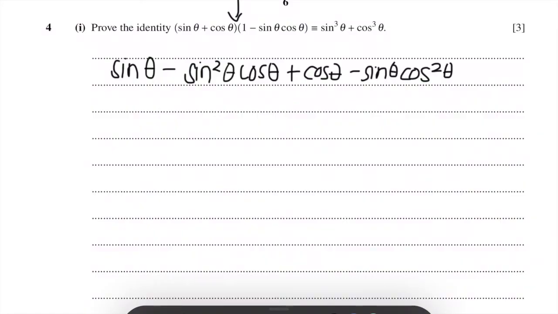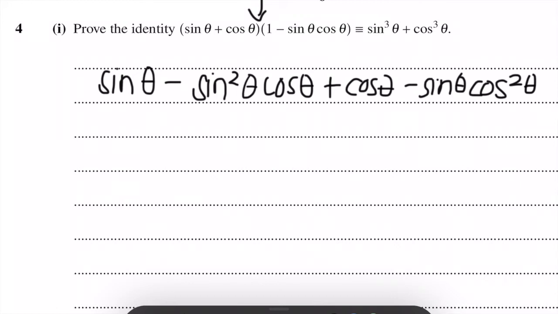After doing so, you will need to group the ones that have the same component. For example, I want to group these together because they have cosine.